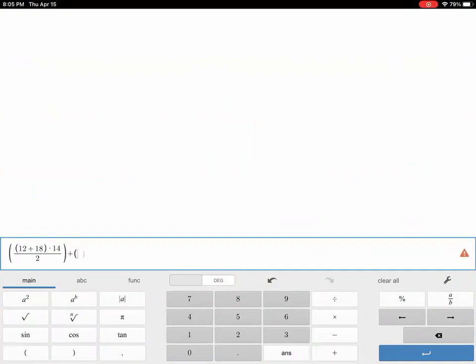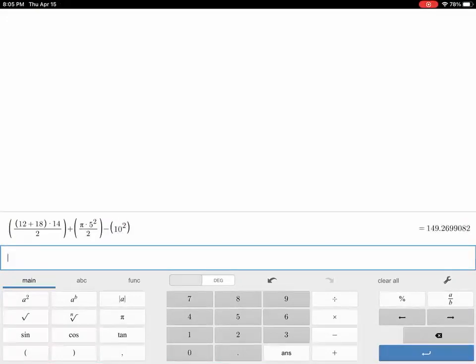Plus, now we'll put in our half circle: pi times 5 squared over 2. Close the parentheses, and now we'll take away the square, which was 10 squared. And there is my final: 149.26. So that 6 is going to make the 2 round up, 149.3.